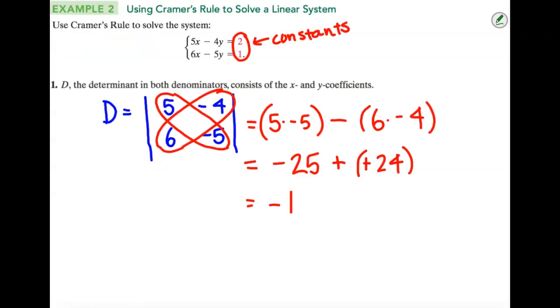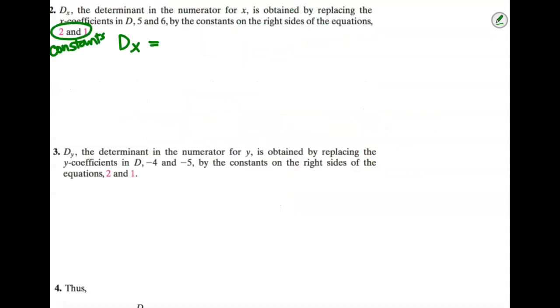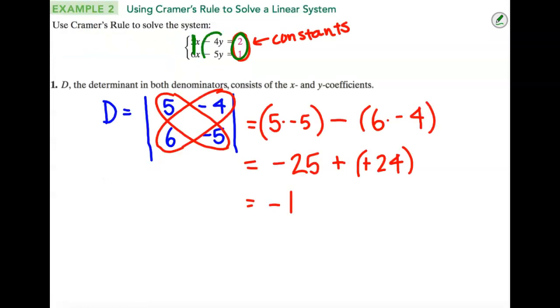Here's 5 and 6. Those are gone, and now you replace them with 2 and 1. Then you keep the -4 and -5, right here.